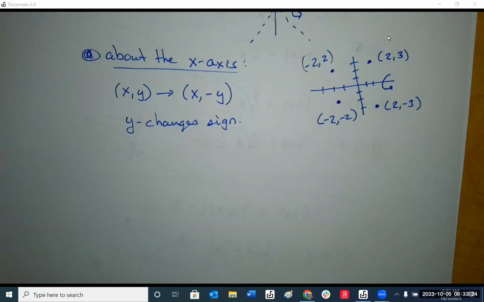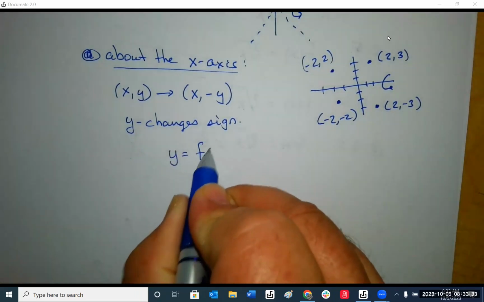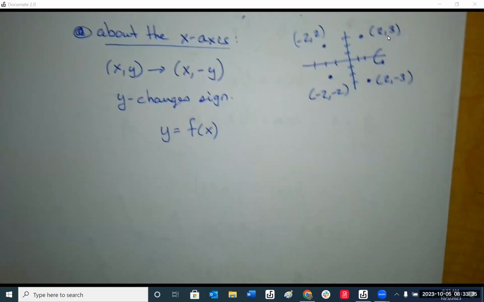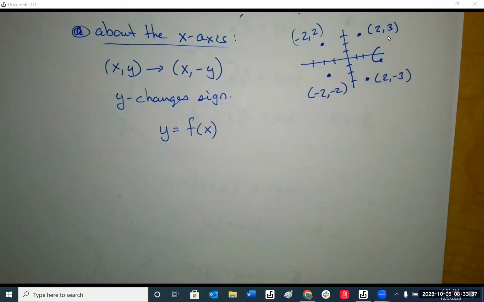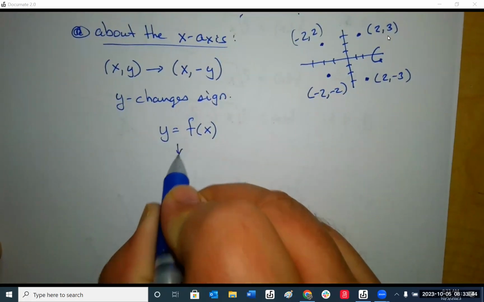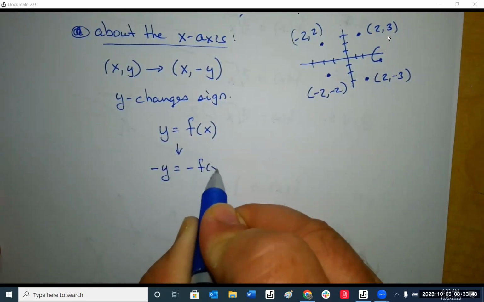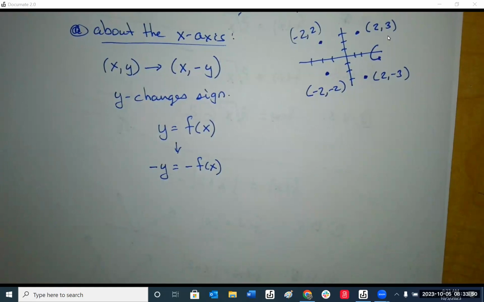So how would that look on our function? Remember, in function notation, those mean the same thing. And if y changes sign, is it A, B, C, or D that changes?